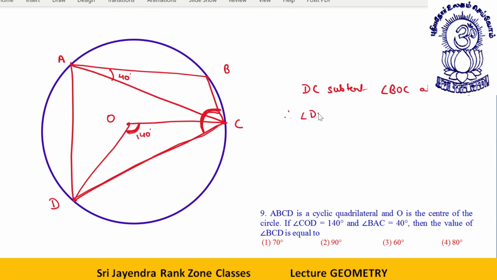Therefore, angle DAC will be equal to angle DOC divided by 2. That is 140 divided by 2, or 70 degrees. This is 70. This is 40. So this total is how much? This total is 110 degrees.